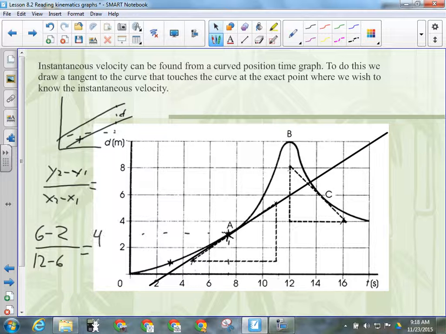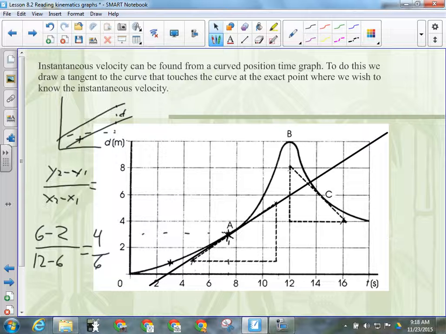All right, so I've got 4 over 6. So 2/3, right? So 0.666 meters per second is my instantaneous velocity at that point.